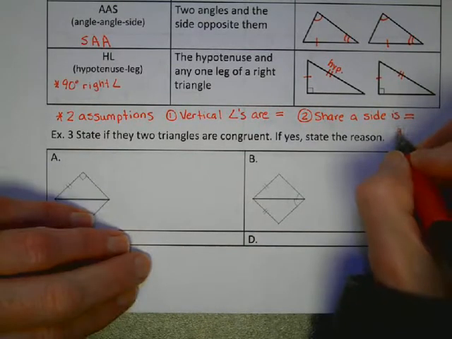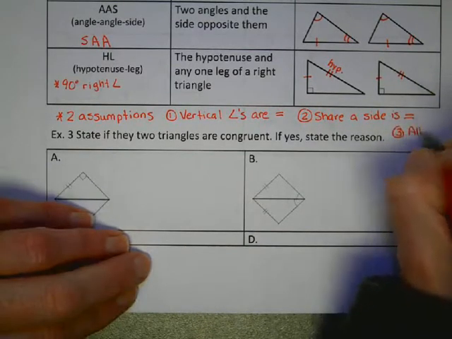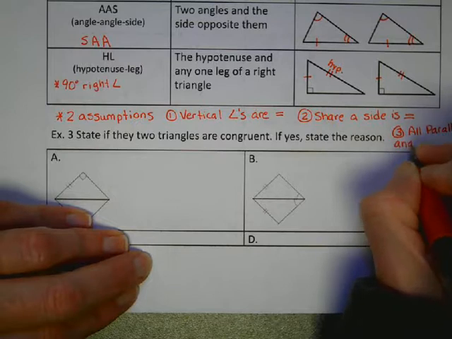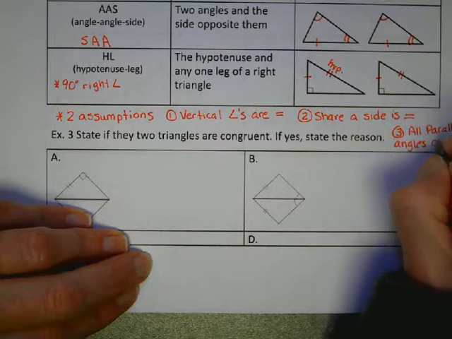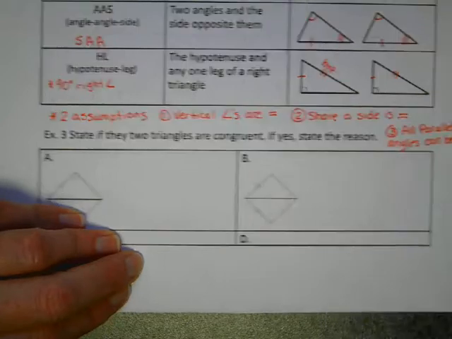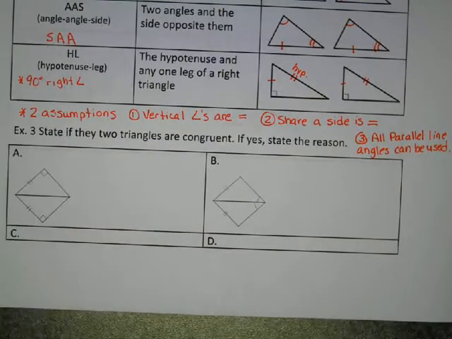All parallel line angle properties can be used. The ones that would be congruent would be alternate interior, alternate exterior, or corresponding. Mostly alternate interior and corresponding are the only ones I've seen.